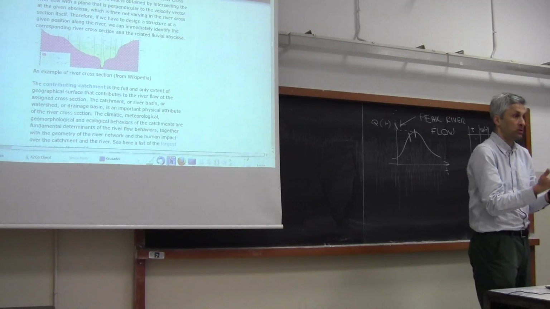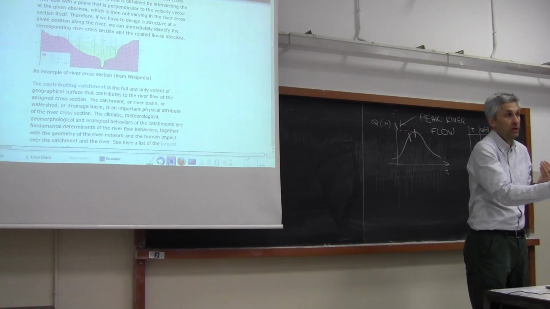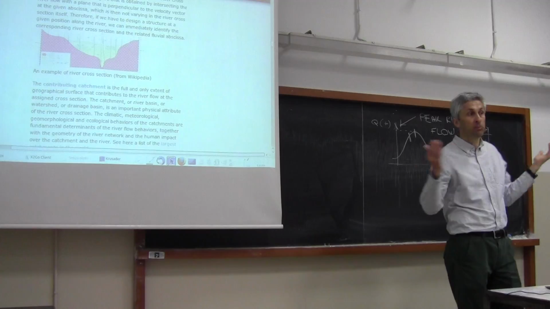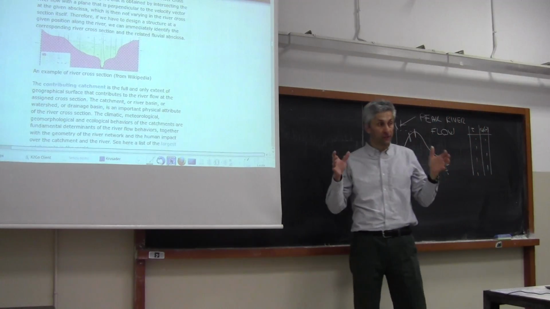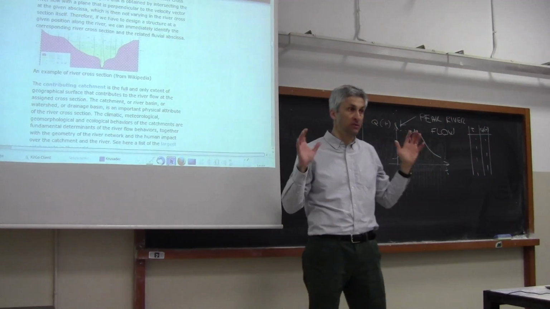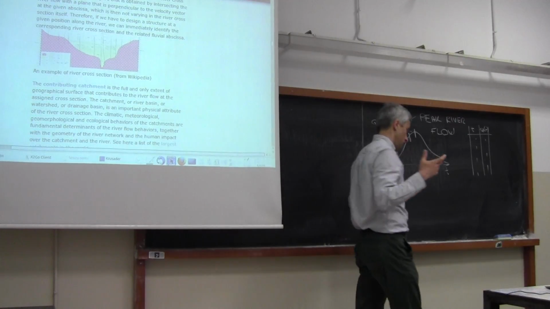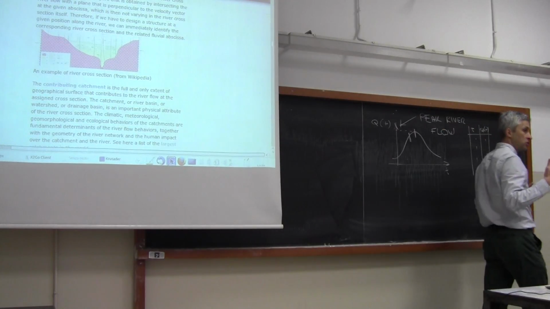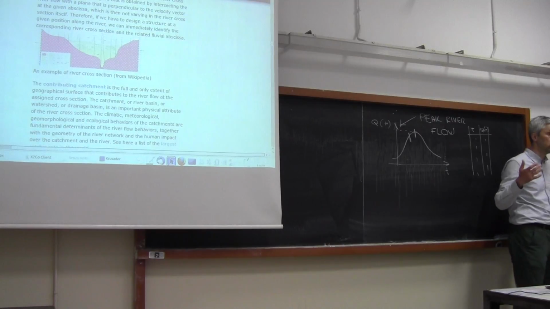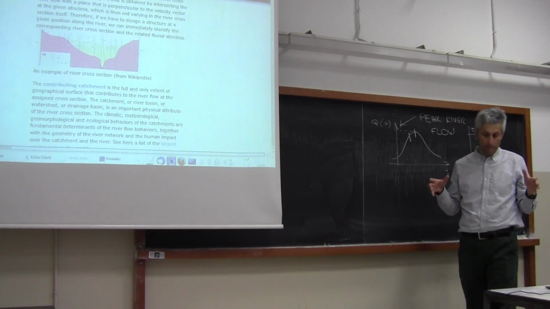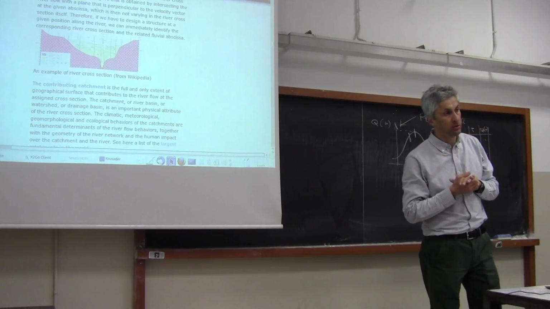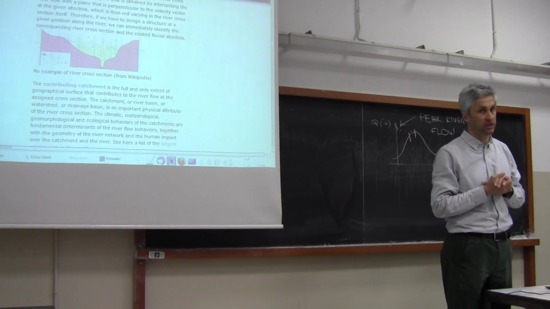Even if you move about, you may see a cascade. You move 3 meters and the geometry is completely changed. So a rule of thumb says that for big rivers, we need one section every 200 meters to get a reliable definition of the geometry.